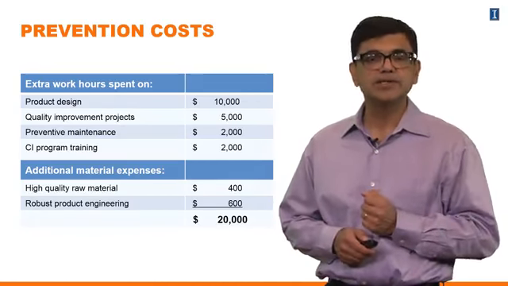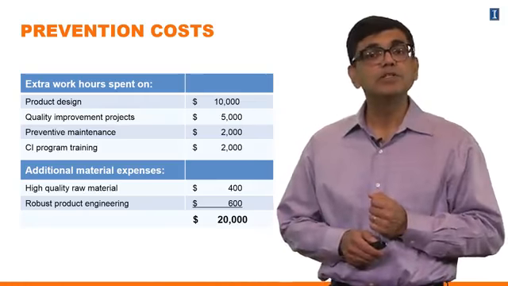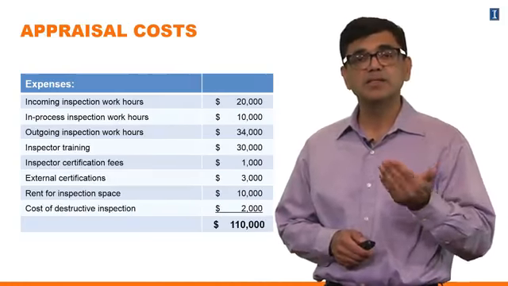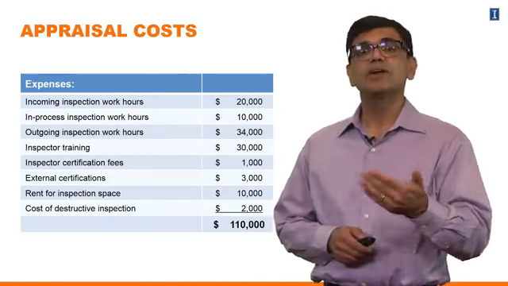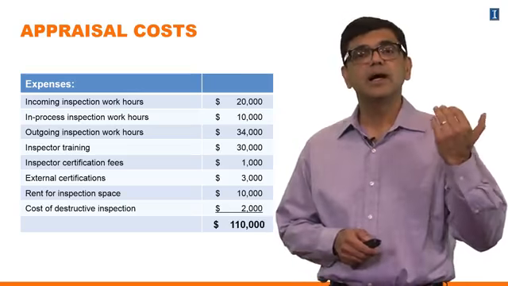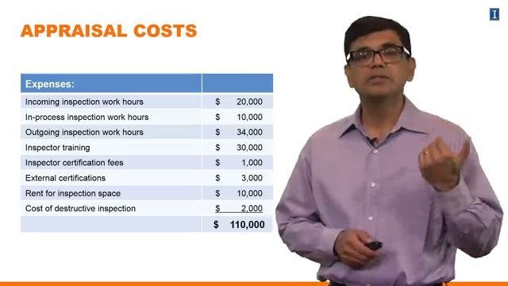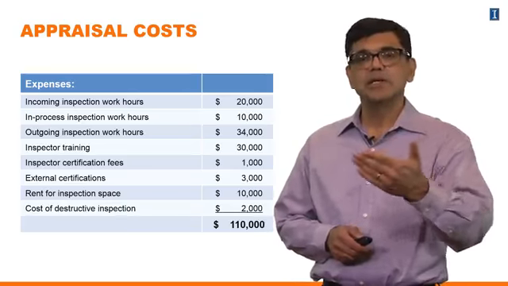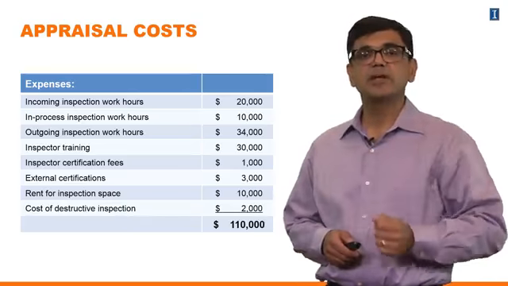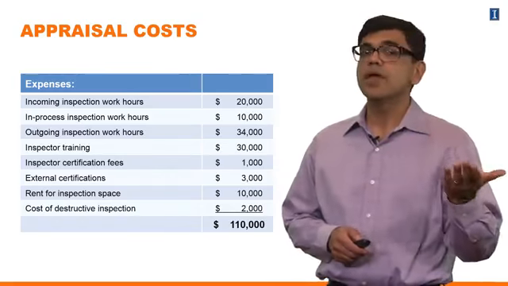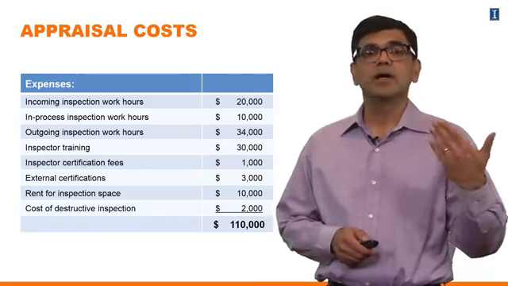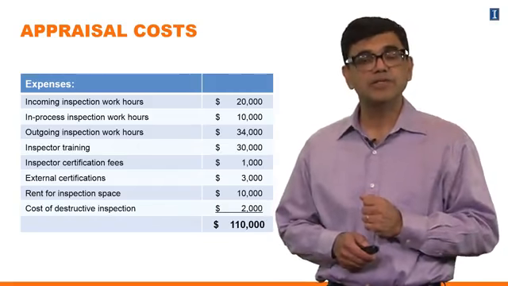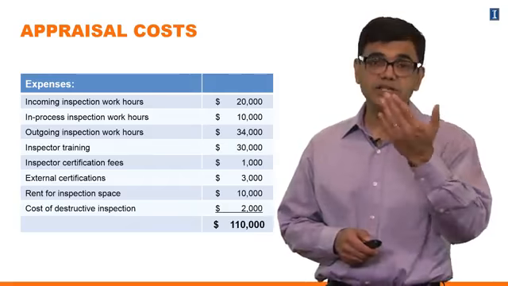So $20,000 in total. Moving to the second category, the appraisal costs, costs of inspection. What are some of the things that can go in here? Incoming inspection, work in process inspection, finished goods inspection. So you can have inspection at many different stages. You may have training of the inspectors. There may be external certifications that you have to get or that you like to get.